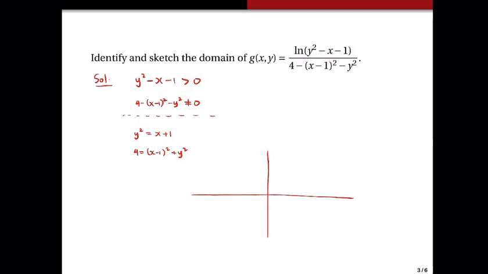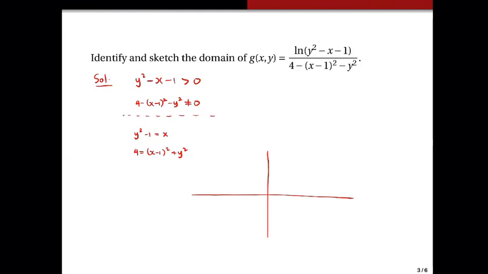First, the parabola. It's easier to sketch if we put the 1 on the other side of the equation, so let us rewrite this as y squared minus 1 equals x. This is a parabola opening to the right, and there's a shift of negative 1, which means it will shift to the left 1 unit.